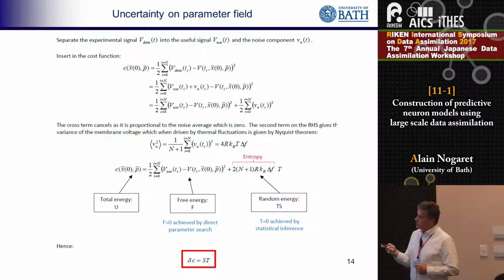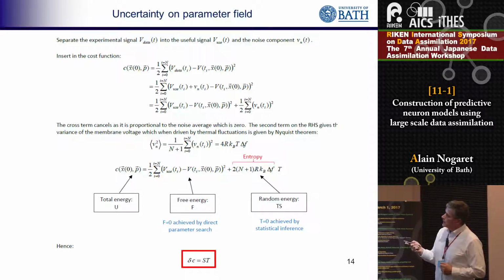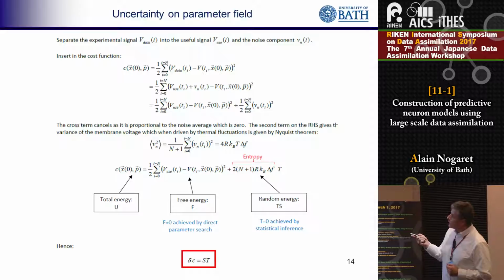If you look at the cost function, you separate the data into a useful signal and the noise signal. This is what I've split here. You expand this, so you regroup the square term, which is the useful signal minus the data, and then you have an additional term that comes from the square of the noise, and an additional cross term, Vn times the product.